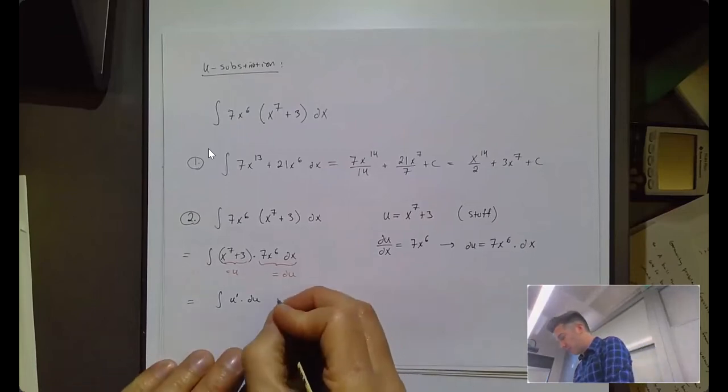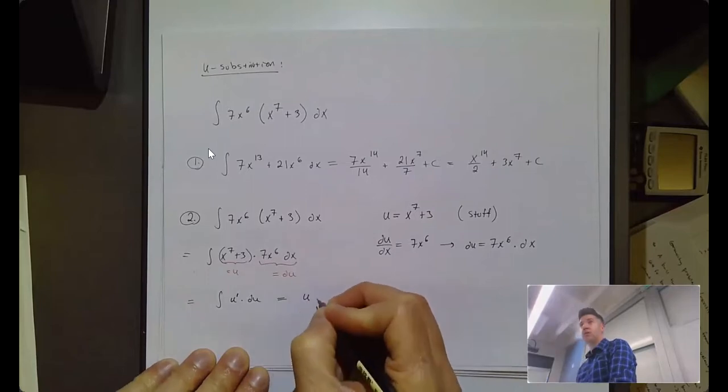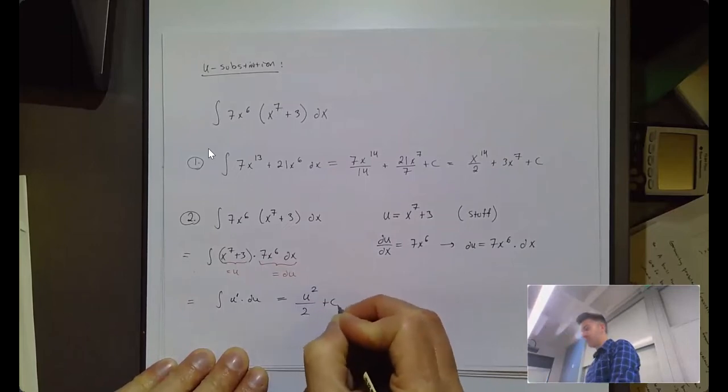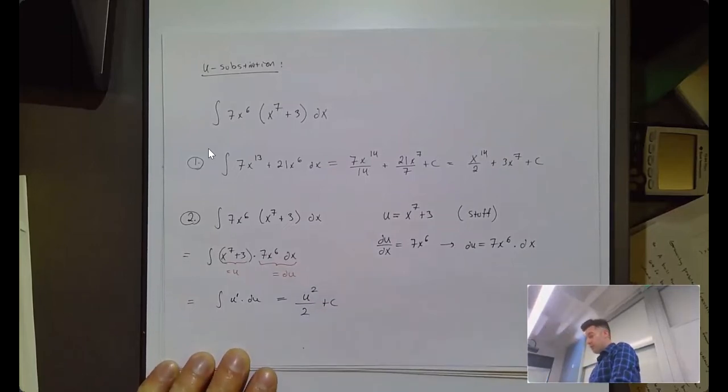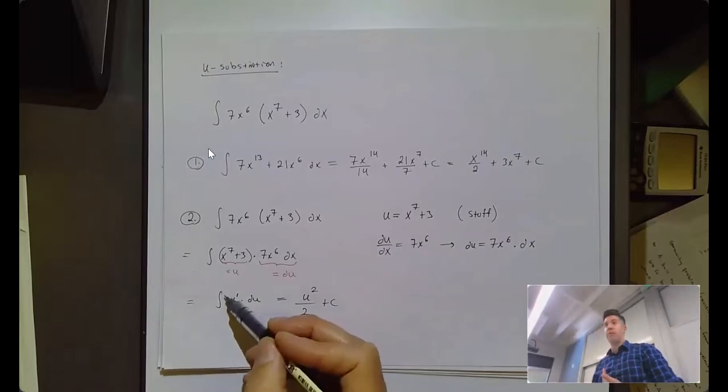What's the antiderivative of u to the first? u squared, divided by 2, plus a constant. But now, whenever you're doing a u-substitution and it's an indefinite integral where you're just finding the antiderivative, I know we haven't talked about area under a curve yet, but this integral doesn't have any limits of integration. There's no lower or upper limit here.